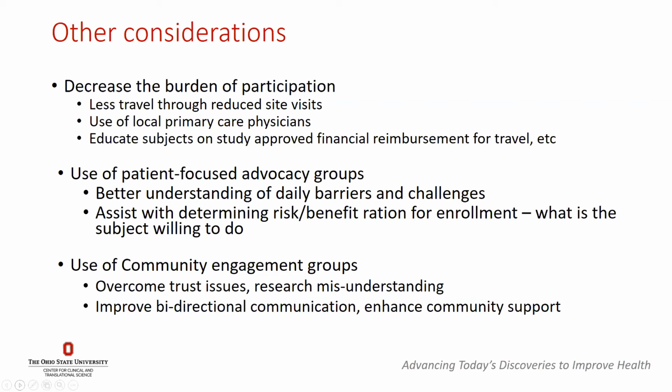It is helpful. Use of community engagement groups. Within the Center for Clinical and Translational Science, we actually have someone who specifically addresses this and helps reach some of these community groups to overcome the trust issues and research misunderstandings.